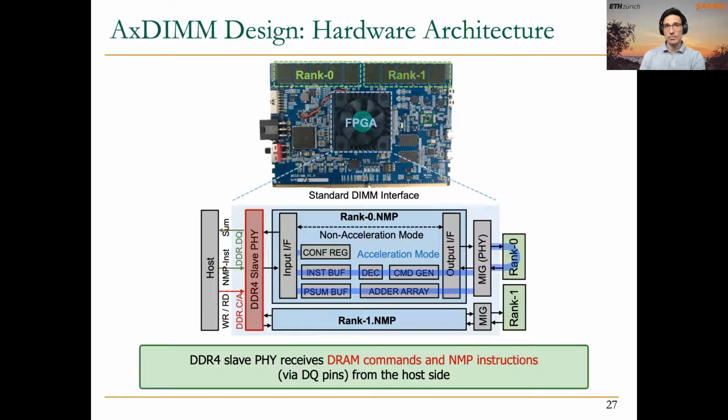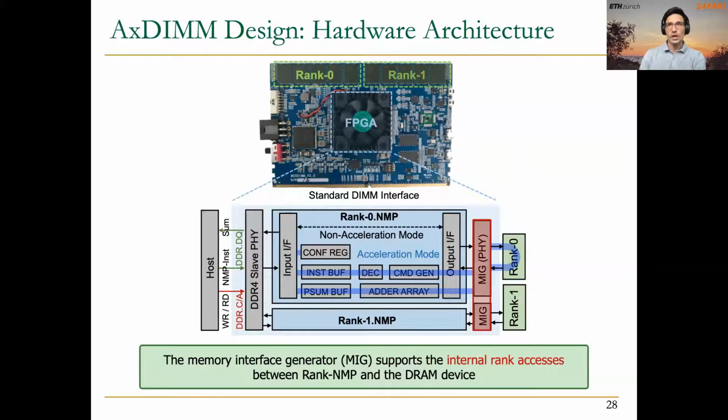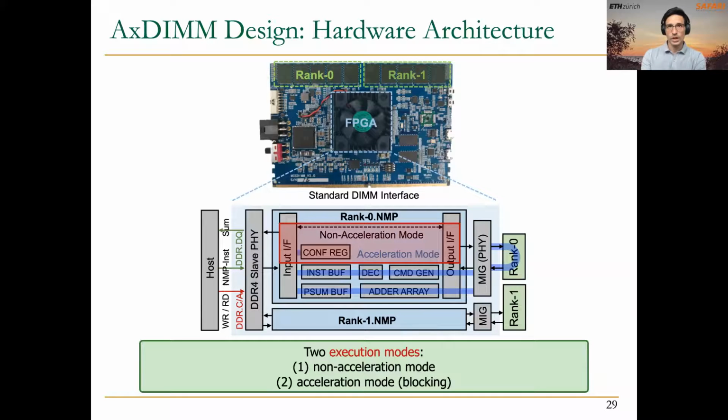These are received via the DQ pins from the host side. We can also identify here these two memory interface generators that support the internal rank access between the RecNMP, the near memory processing unit, and the DRAM device. So they serve as a kind of memory controller for the near memory processing units.